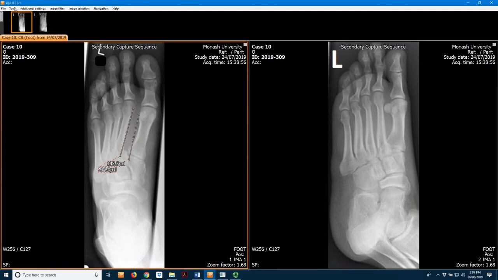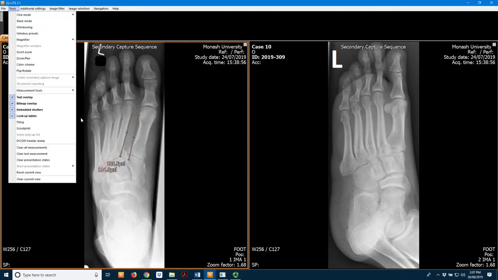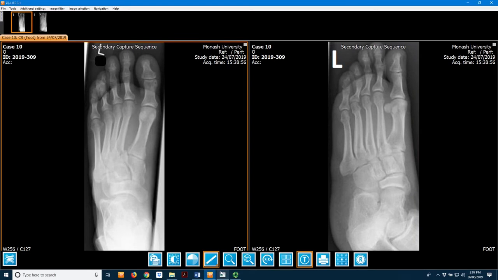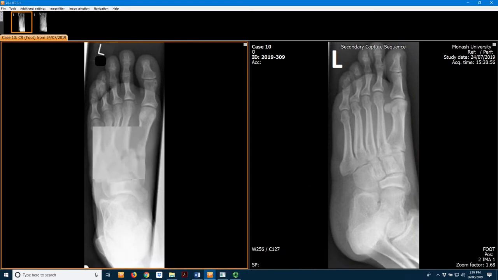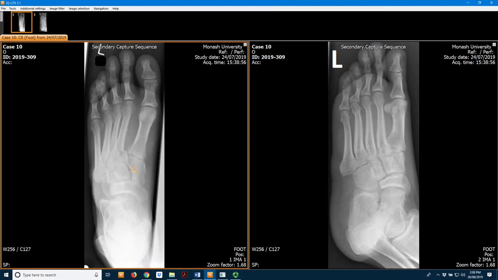And then I just want to remove all of those lines. If we then zoom in onto the image, we are able to see that there is a fracture at the base, and this is the second metatarsal, and with a second metatarsal Lisfranc dislocation.